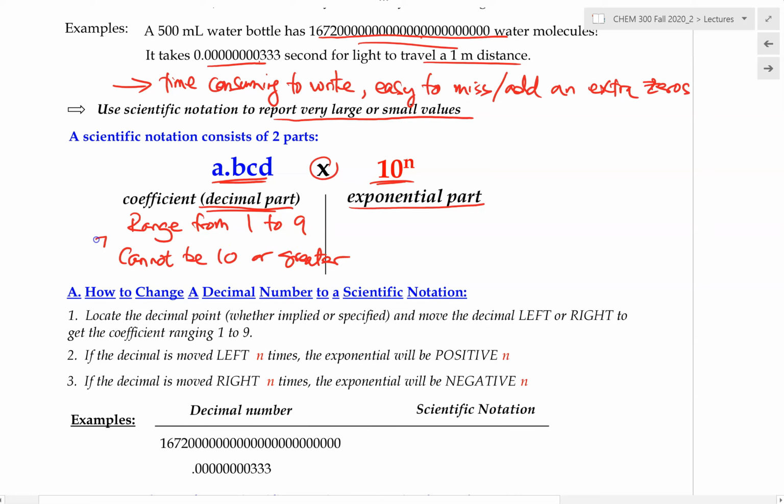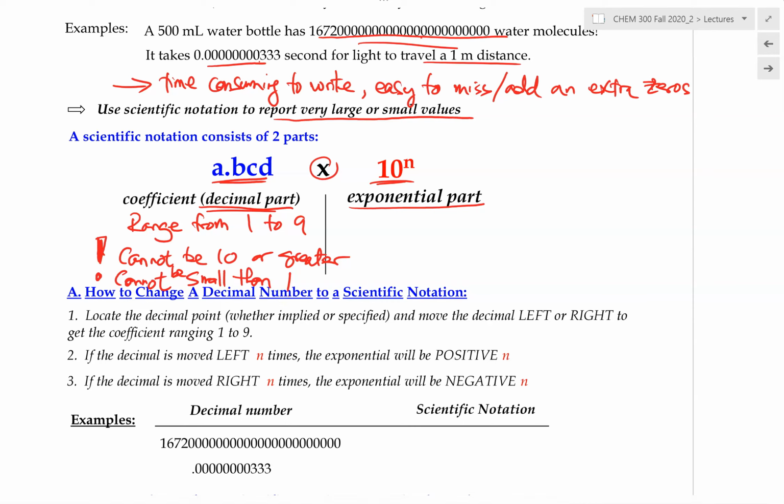This is a very common mistake that I have seen with a lot of scientific notation, in which the coefficient part is 10, 11, 12, or any of those values, or smaller than 1. It cannot be smaller than 1. It has to be between 1 and 9.